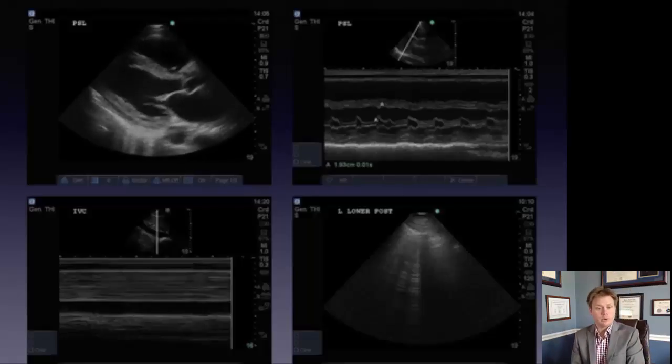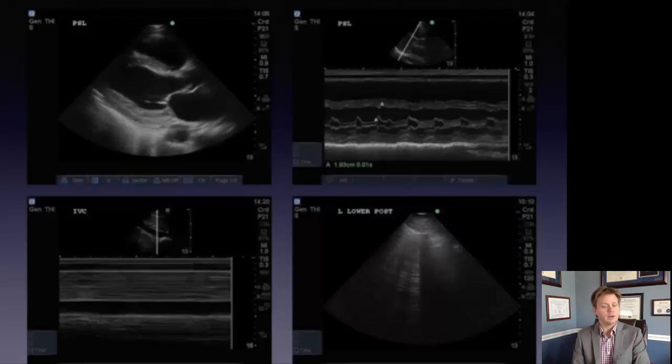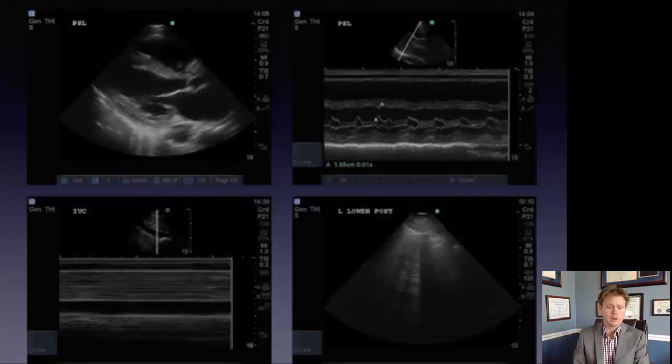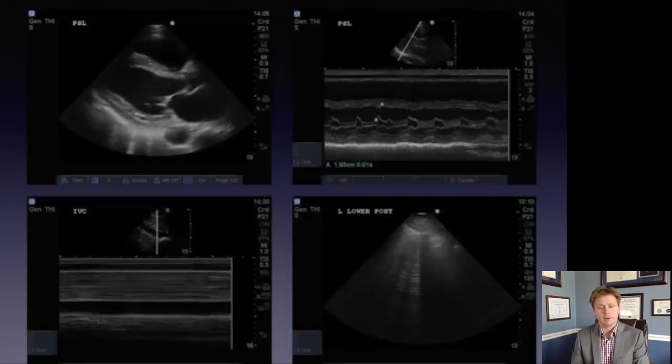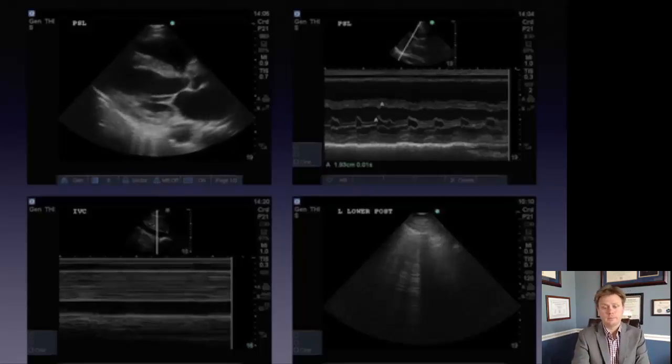When measuring that with our E-point septal separation, we see that it's 19 millimeters, representing for sure an ejection fraction of less than 35%, an inferior vena cava which is large and has no respiratory variation. And again, we'll go over B-lines next month in the lung sonography, but we have a lung that does represent pulmonary edema. So her diagnosis is postpartum cardiomyopathy.